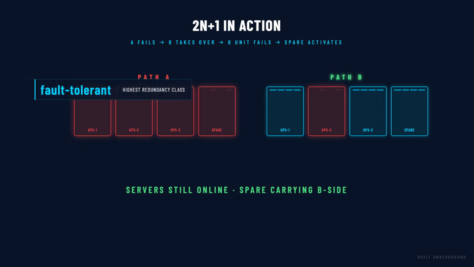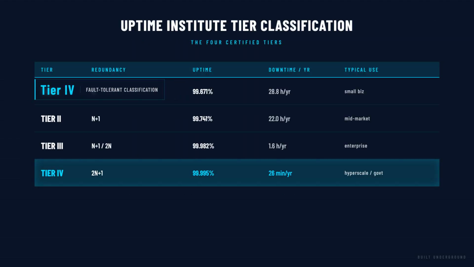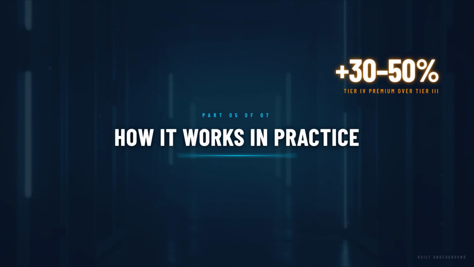The facility can sustain any single failure, including a full path failure, without impacting the IT load. Tier 4 facilities are rare and expensive. They are typically built for government, military, financial exchanges, and the most critical hyperscale operations. The construction cost premium over Tier 3, which is typically N+1 or 2N, concurrently maintainable, can be 30 to 50%.